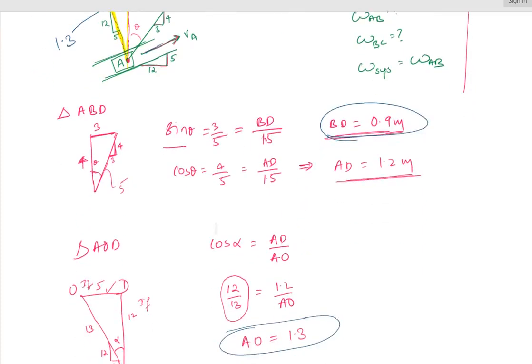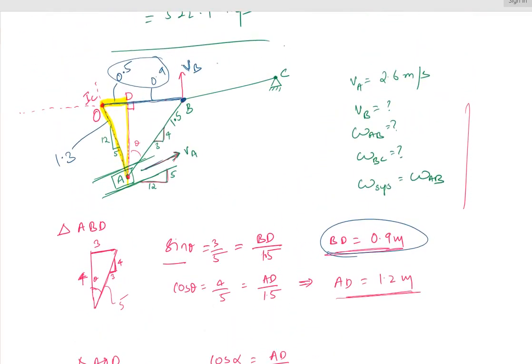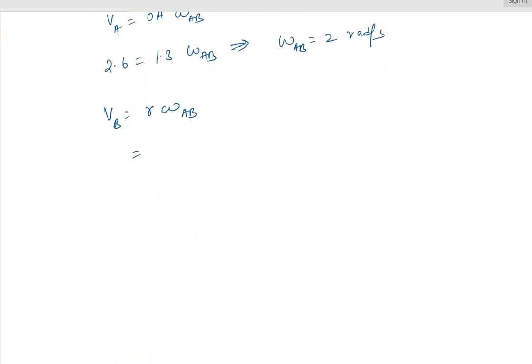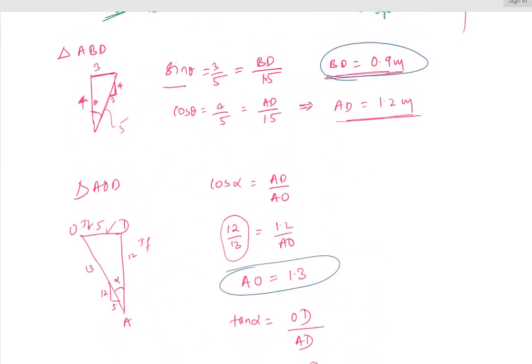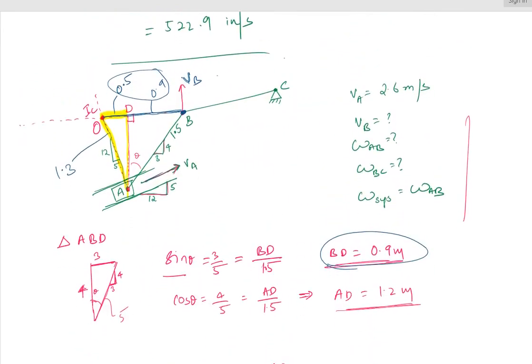VB equals omega AB times the radius OB, because we're calling this O the center of instantaneous rotation.